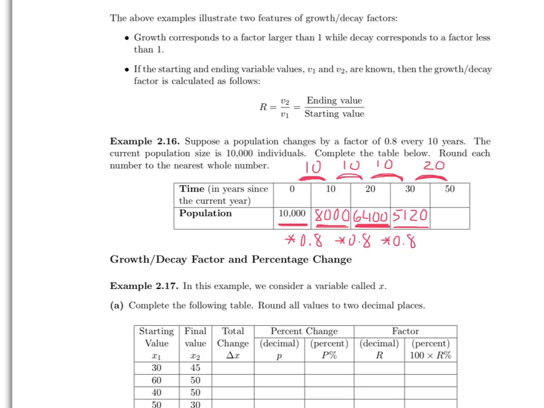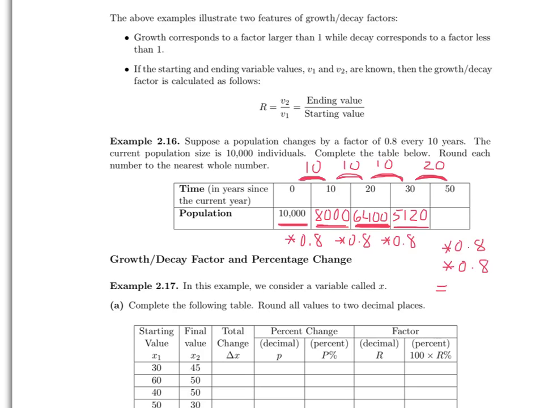Over the first 10-year period, the population changed by a factor of 0.8. So just to go out 10 more years, we multiply by 0.8. But we need to go out yet another 10 years past that, which means we're going to have to multiply by yet another 0.8. So multiplying by 0.8 twice will enable us to go out 20 years.